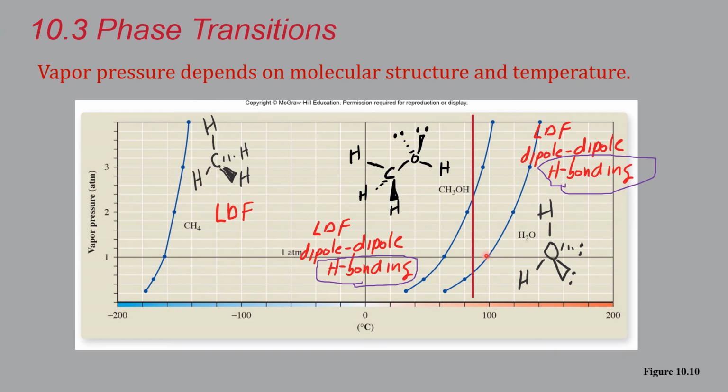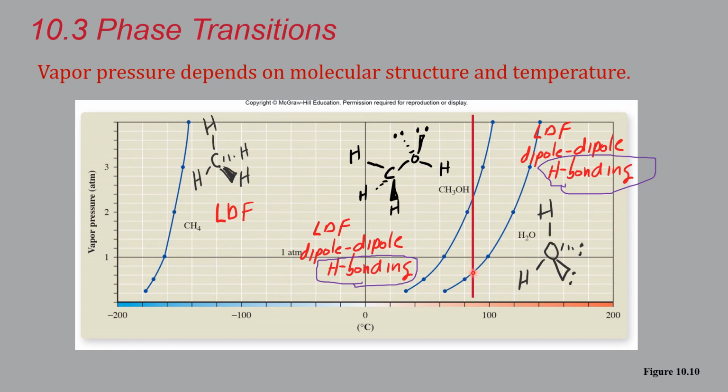Now, in this case, at, I don't know, 85 degrees Celsius, the vapor pressure of water is about, let's say, 0.65 atmospheres. And the vapor pressure of the methanol at that point is going to be about 2.4 atmospheres. So at a particular temperature, you've got a lot more of the methanol molecules in the gas phase than you do in the water.